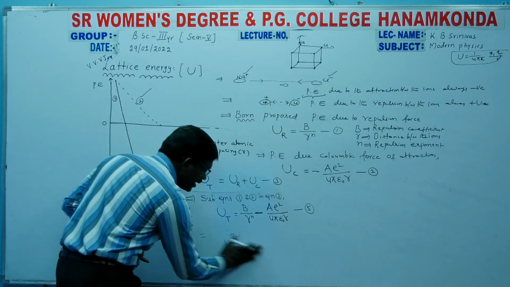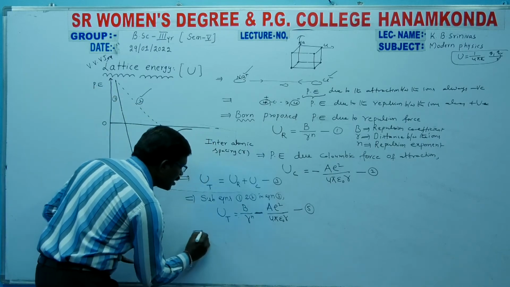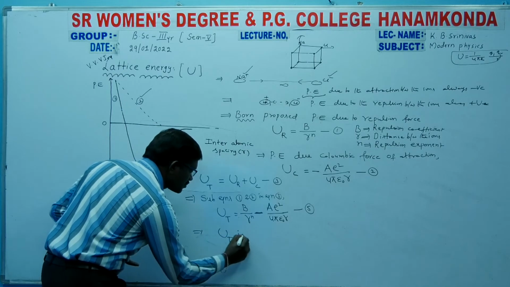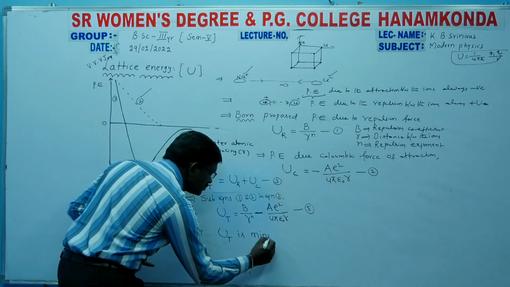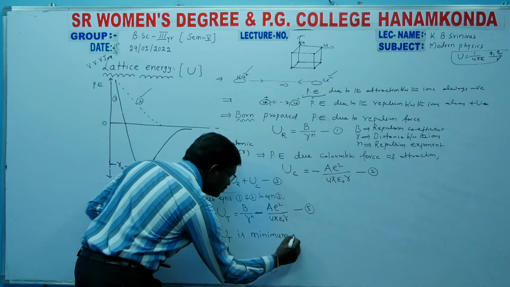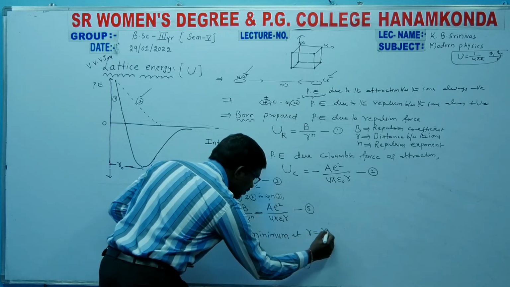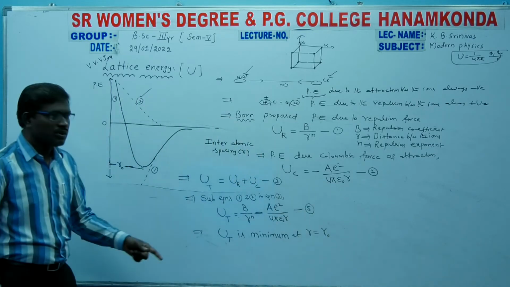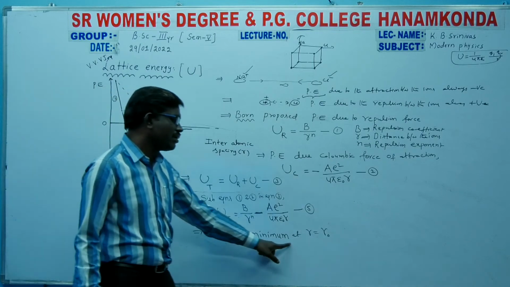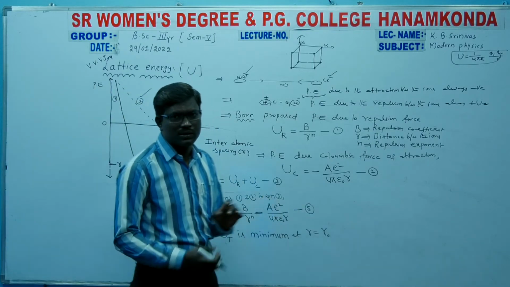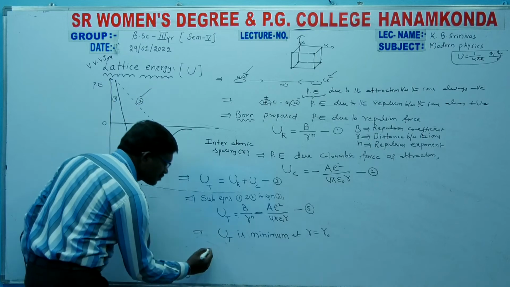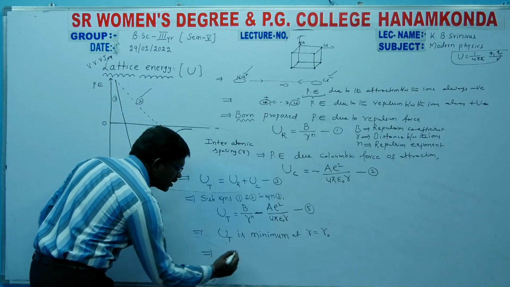Instead of writing this step directly: UT is minimum at R is equal to R naught. The total potential energy is minimum at R is equal to R naught. If it is minimum, its first derivative becomes 0.